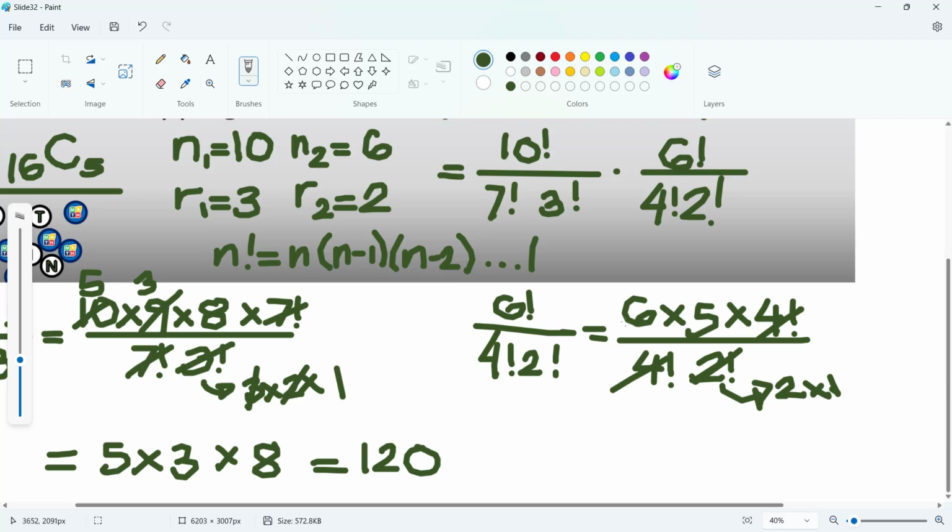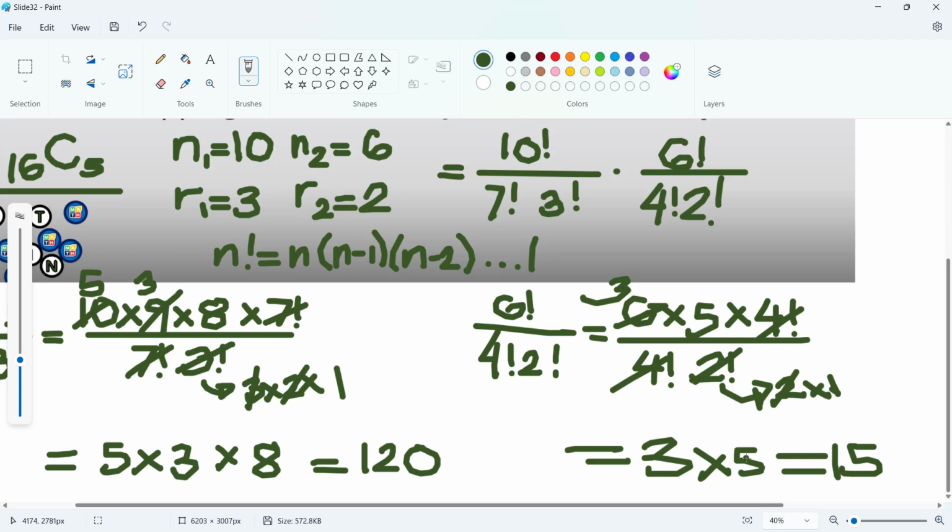So with 6 here, divided by 2, I have here 3. Now that I have a denominator of 1, it's easier for me to multiply my numerator. That's 3 times 5, which will give me a result of 15. 15 combinations for 6 toppings taken 2.